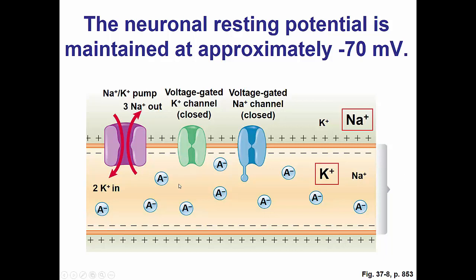If we were to zoom in on this axon, what we would see is that outside the neuron, the charge is relatively positive compared to inside the neuron, which is relatively negative. So there is a charge differential across this neuron. This creates an electrical gradient across the neuronal membrane.